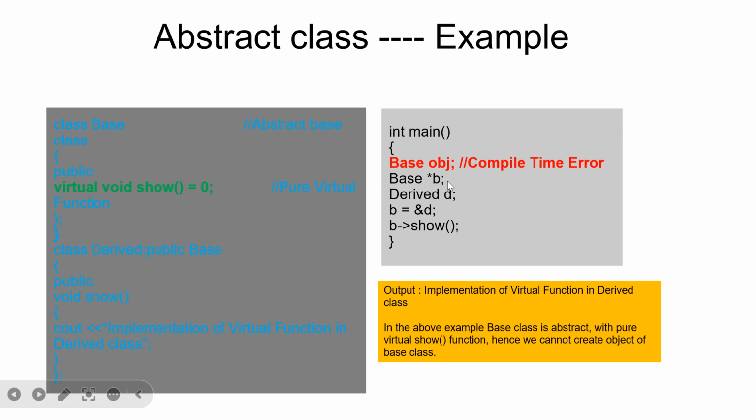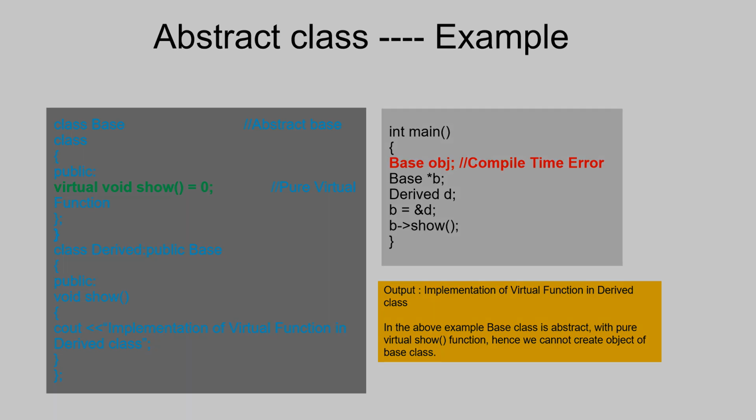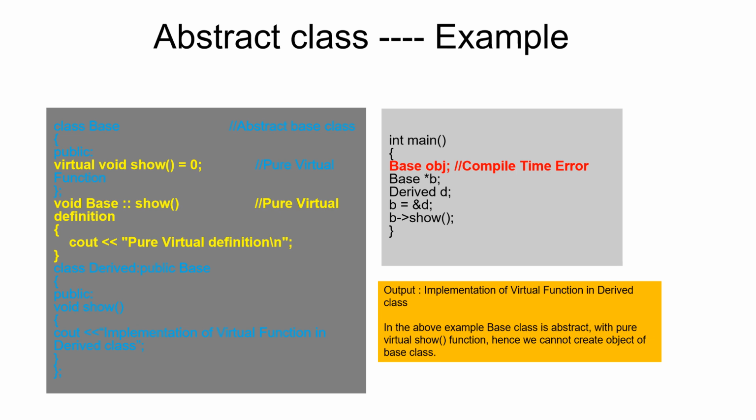So we are creating the pointer. Using the pointer we are giving the address of the derived class object. Using the pointer, now we are calling the function show. See here, this is a pure virtual function equal to 0. At the same time the show function is explained outside of the class.